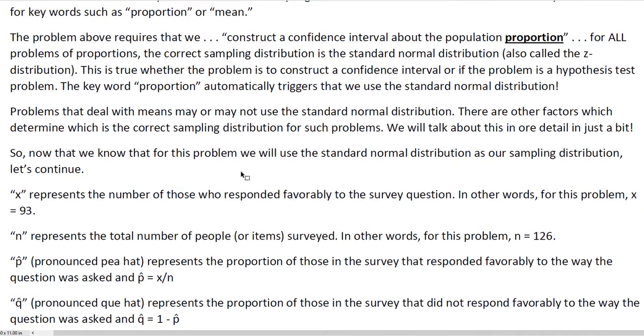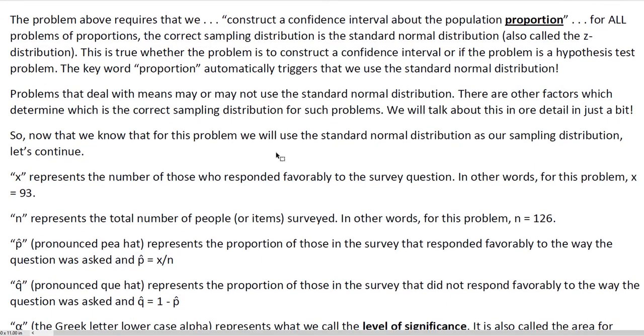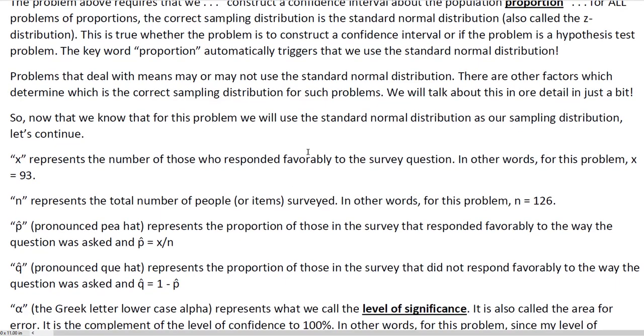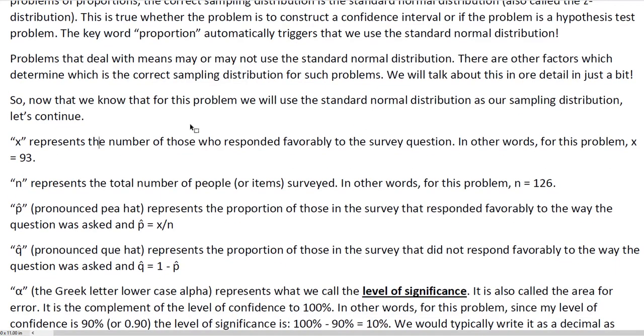So 93 actually responded favorably that they do not trust survey results. Or should I say 93 of them explicitly stated that they do not trust survey results.